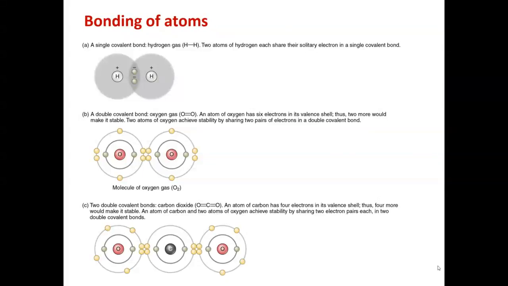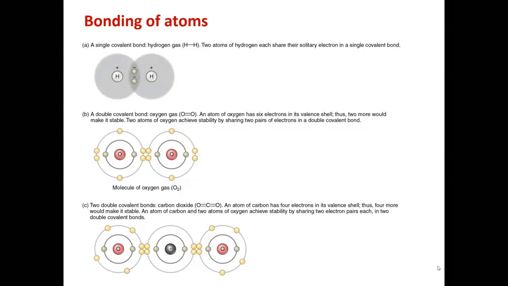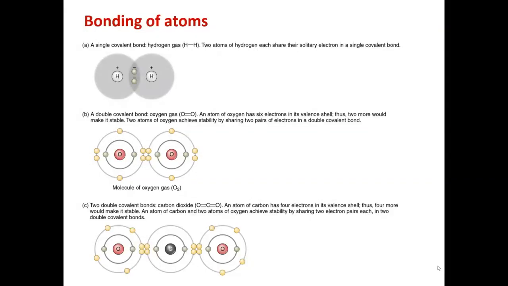They're not going to spend more time spinning around this one than this one because they're both the same. Same here. These oxygens are both the same. They're sharing electrons. These electrons will spin around this one and then this one, this one, this one. They're not going to spend more time spinning around this one than this one. There's no reason for that. And so we call them nonpolar covalent bonds.